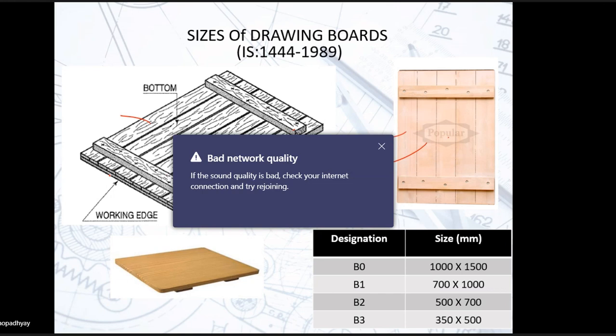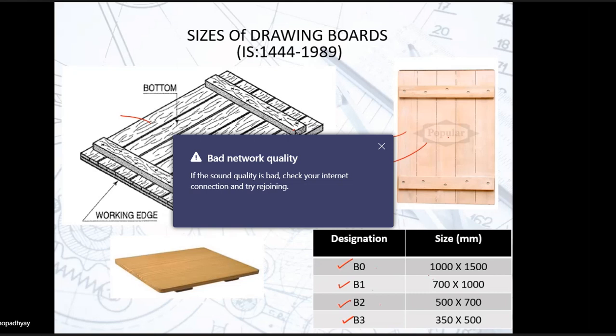You have the B0 size, and the dimensions that you have for T0, for T1, for T2, and for the parts, the stock and the leg.